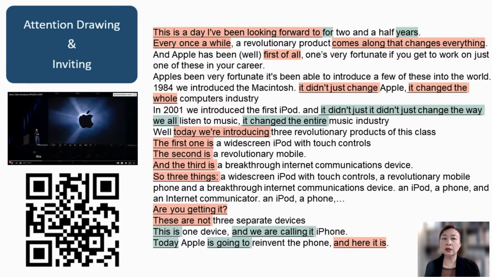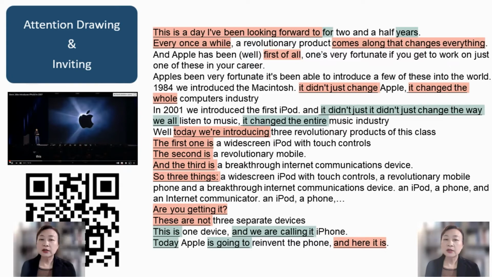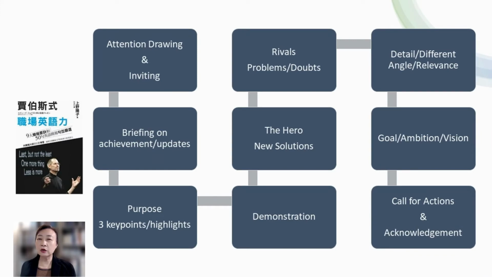So these are the discourse organizers. "Are you getting it?" Well, this is a facilitative phrase. That's like category 4. So basically, these useful expressions can really help Steve Jobs to keep the audience's attention and bring the audience together along the presentation that he has prepared.